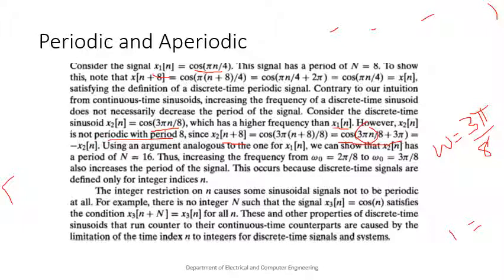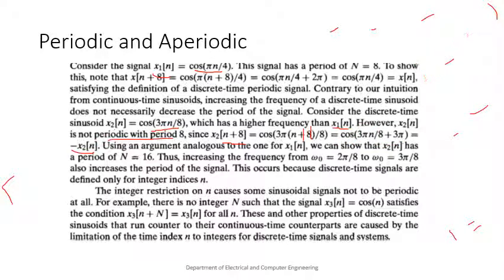So this is not periodic, because if you solve this, it will become minus x2 of n. However, we required x of n. Using an argument analogous to the one for x1 of n, we can show that x2 of n has a period 16. So if I use the period to be 16, then I can solve it for you.